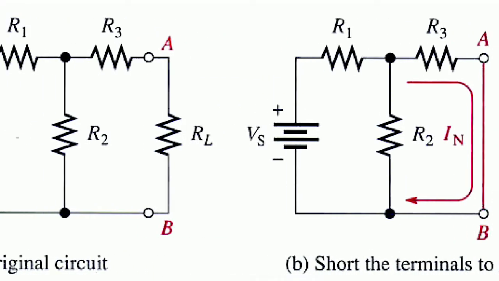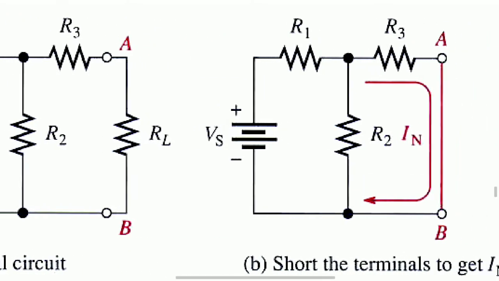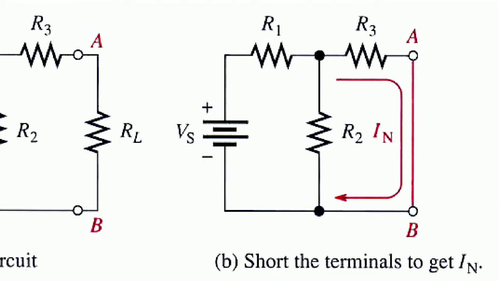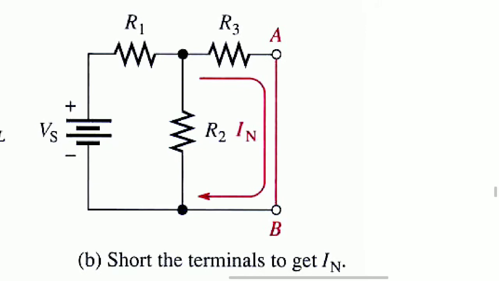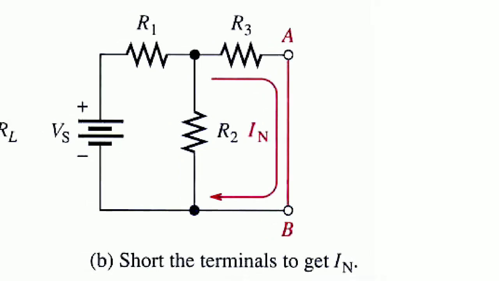Now this original circuit is redrawn, so that across the terminals AB is shorted.